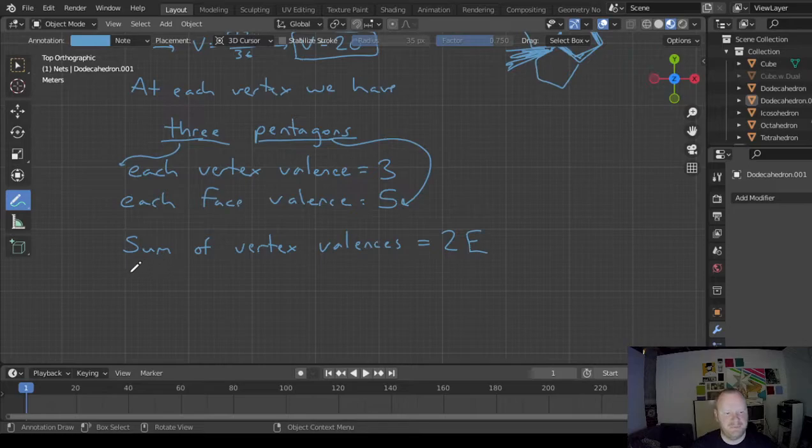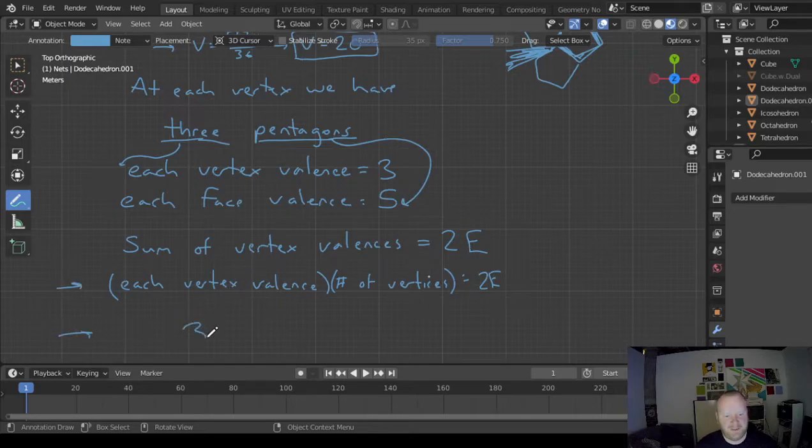And that sum of the vertex valences is going to be, right, each individual vertex valence times the number of vertices. Right, so I'm just kind of breaking down that sum of the vertex valence.